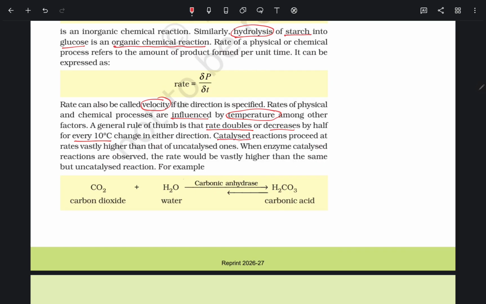Catalysis. Catalyzed reactions proceed at rates vastly higher than that of uncatalyzed ones. When enzyme-catalyzed reactions are observed, the rate is vastly higher than the same but uncatalyzed reaction.